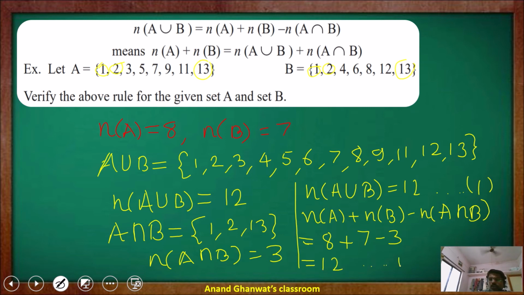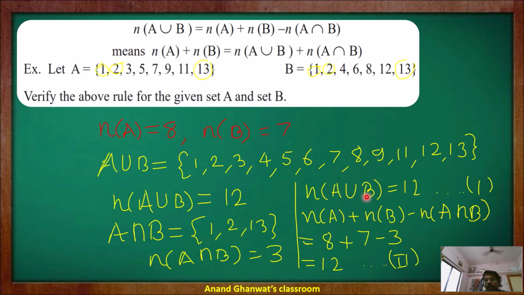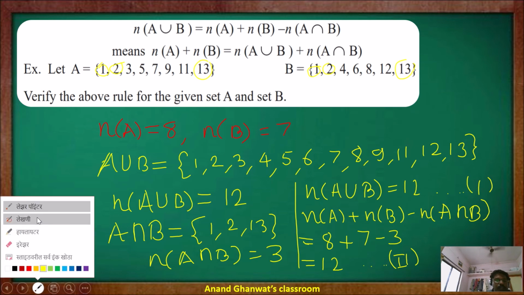Sentence number 2. Now observe sentence first and second. The number of elements in A union B is 12. The number of elements in A plus the number of elements in set B minus the number of elements in A intersection B is also 12. From 1 and 2 we can conclude that both the sides are equal.